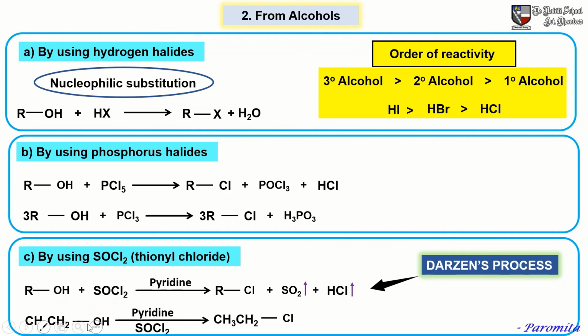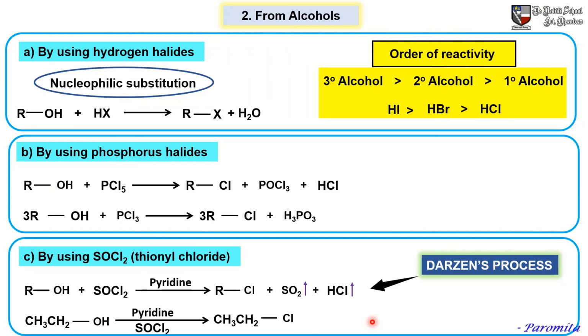So let us take this example, conversion of ethyl alcohol to ethyl chloride. You can convert ethyl alcohol to ethyl chloride by using either HCl in presence of a dehydrating agent, or PCl5 or PCl3, or we can also use SOCl2 in the presence of pyridine to get CH3CH2Cl. So these are the methods of conversion of an alcohol to alkyl halide.